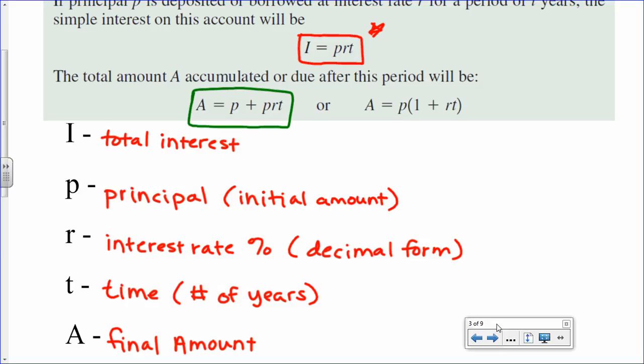So this is helpful to know, the one I have here in green, but it's not necessary to memorize because you can get it from the red one, the one you have to know. All right, so if you're doing a problem and it says simple interest, this is the formula you use. Okay.